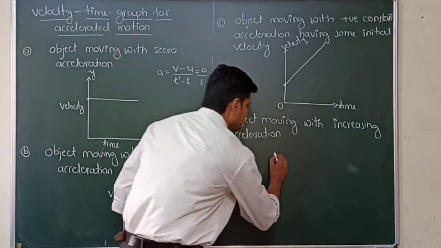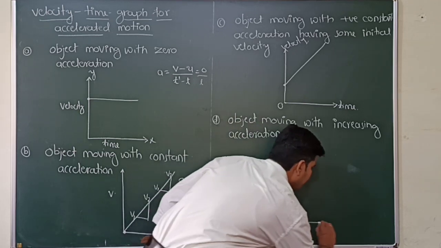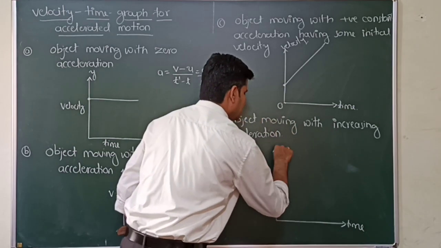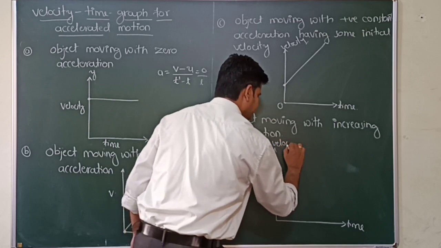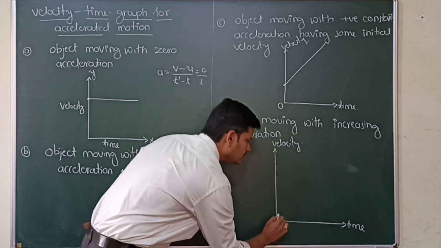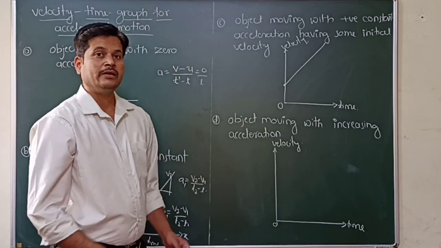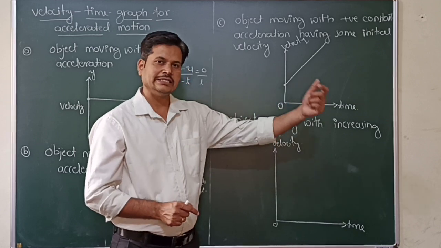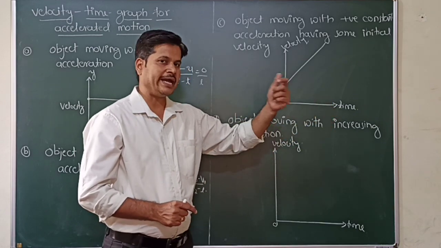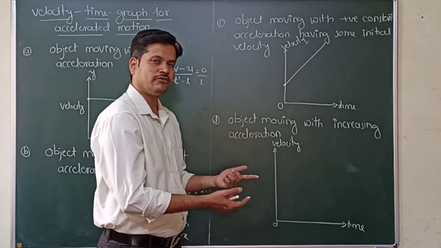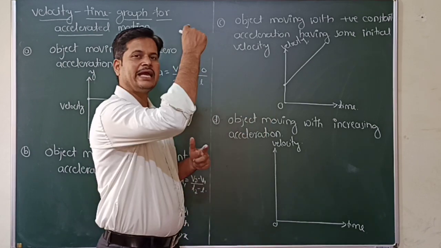Time here and velocity here, and this is the origin. The object is moving with positive acceleration. The change in acceleration is constant at every instant of time. There is an increase in the acceleration.